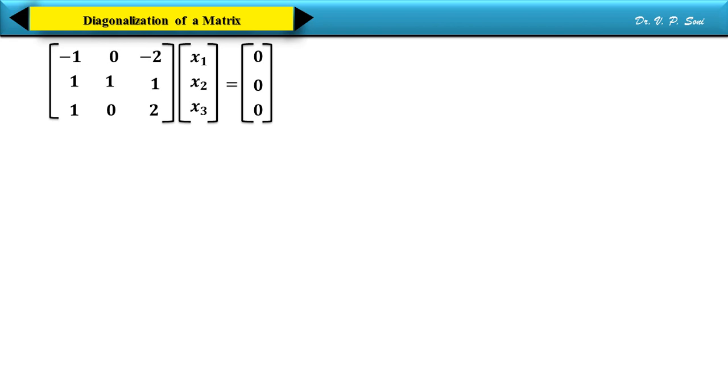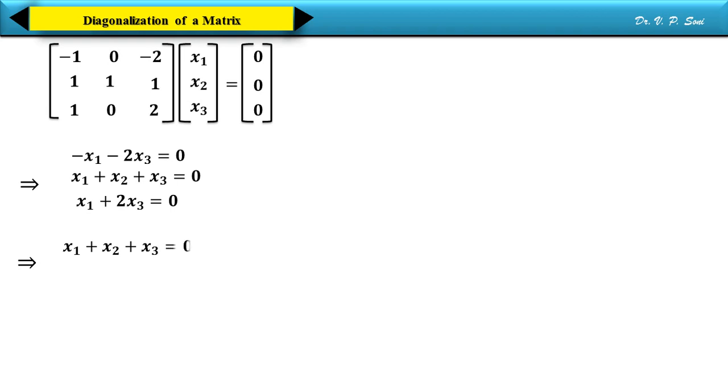Now multiply matrix A minus lambda I and column matrix x1, x2, x3. Then we get minus x1 minus 2 x3 equal to 0, x1 plus 2 x2 plus x3 equal to 0, x1 plus 2 x3 equal to 0. Therefore we have two distinct equations, x1 plus x2 plus x3 equal to 0 and x1 plus 2x3 equal to 0.